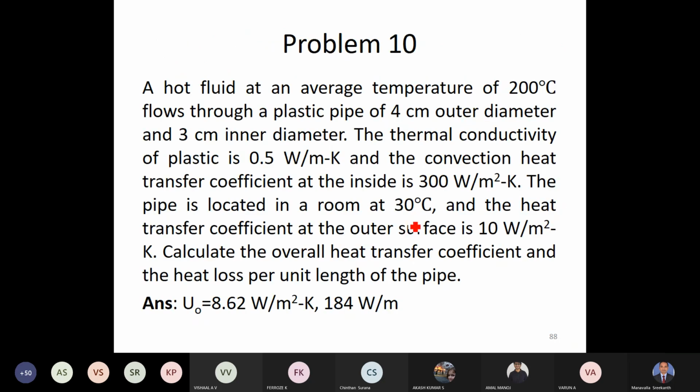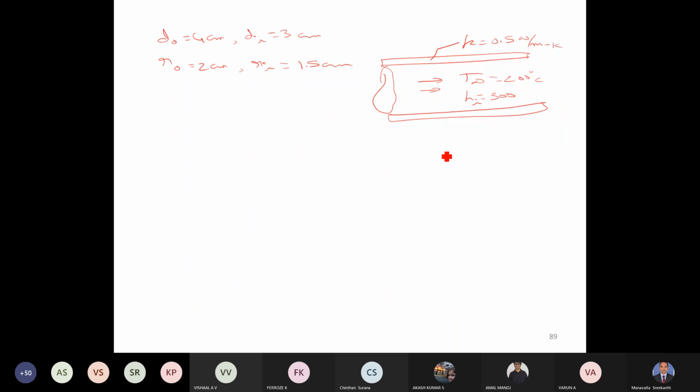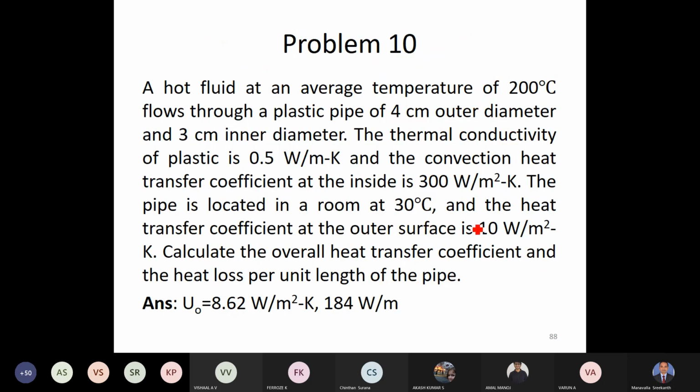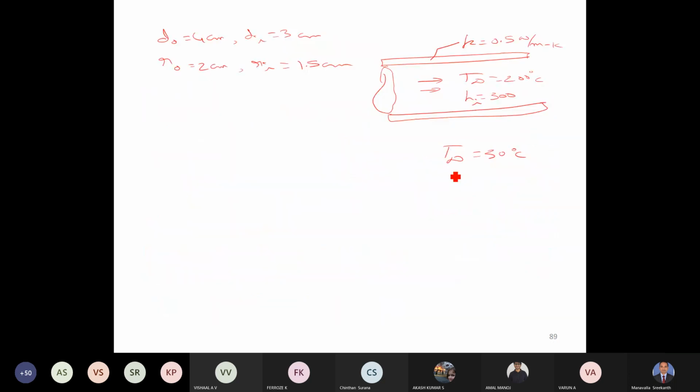The pipe is located in a room at 30 degrees Celsius, and the heat transfer coefficient at the outer surface is 10 watts per meter square Kelvin. You can see inside the pipe the fluid is at 200 degrees Celsius and outside it is at 30 degrees Celsius. So obviously the heat transfer will be in this direction.